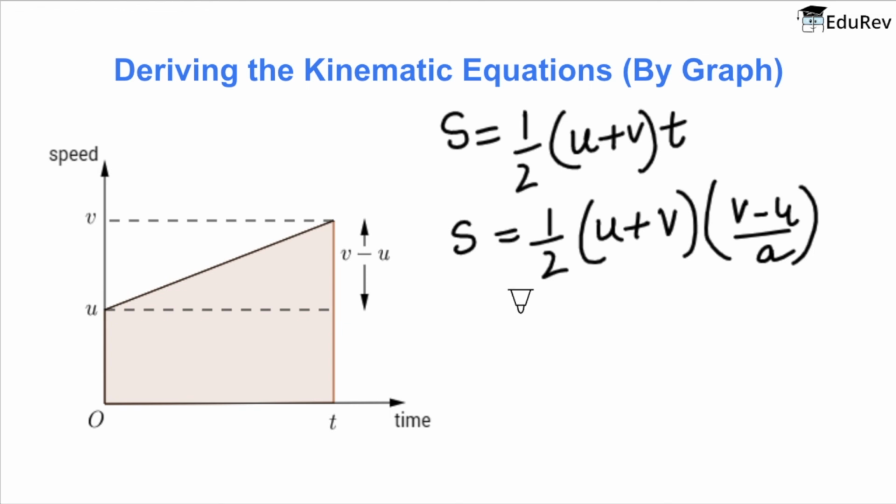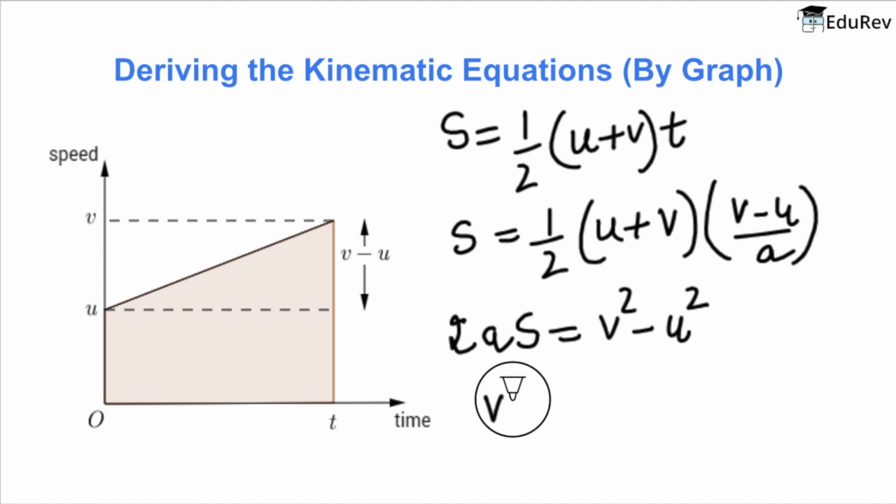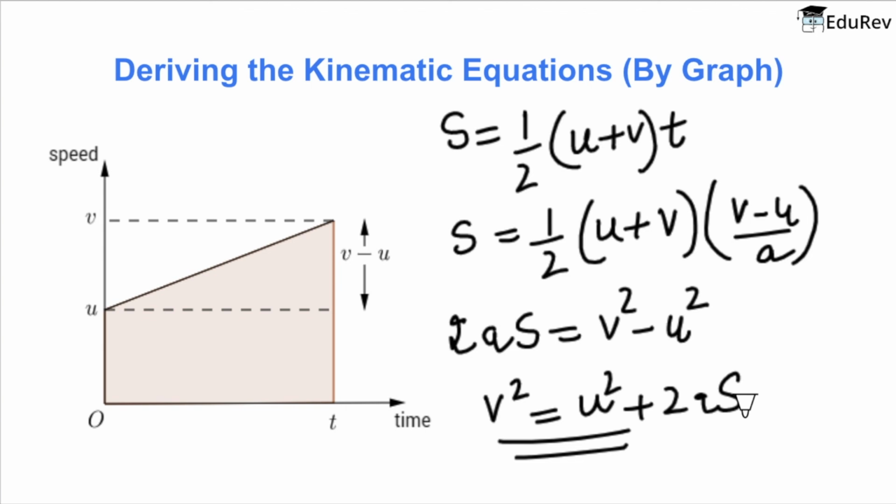So now, just like we did before, 2as is equal to v square minus u square, again using the algebraic identity. So we can obtain v square is equal to u square plus 2as, and here is our third equation. So I hope it is clear how to derive the kinematic equations using a graph.